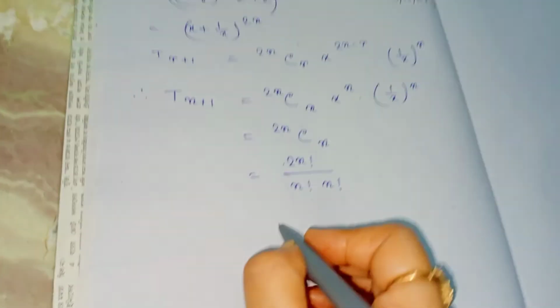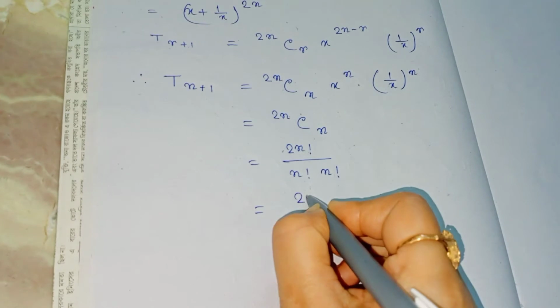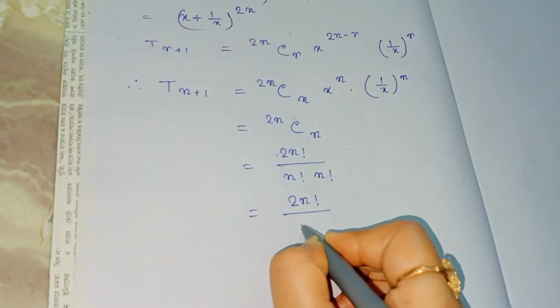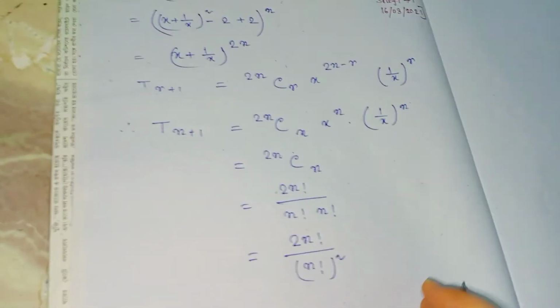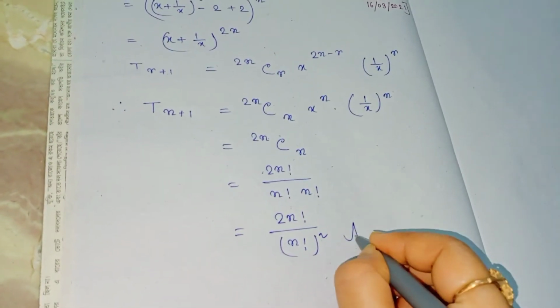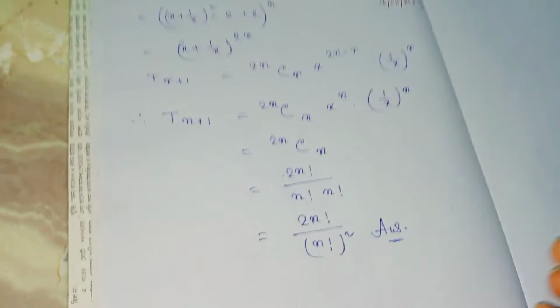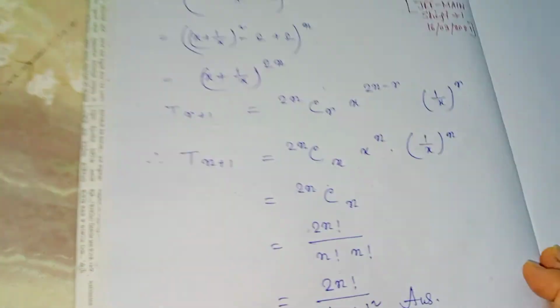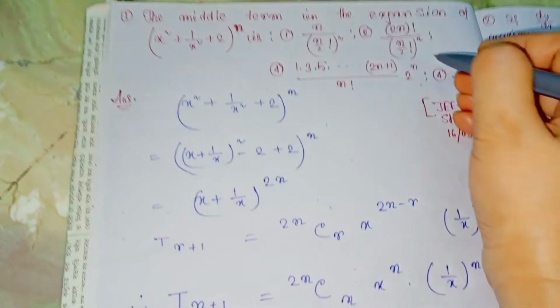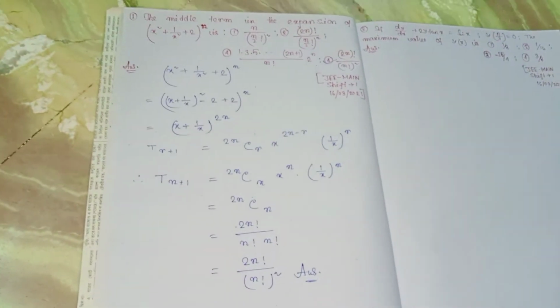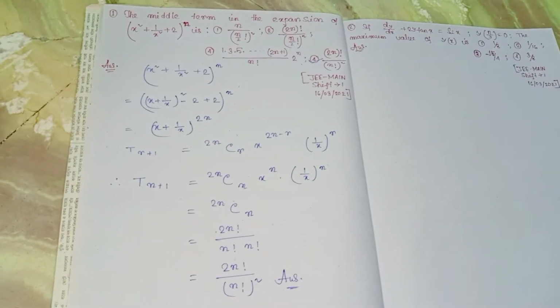So this one is (2n)! divided by (n!)². So we reached our required solution, and Option 4 is our correct choice. So here is the whole solution of question 1.